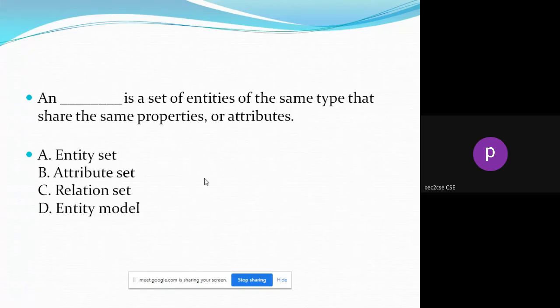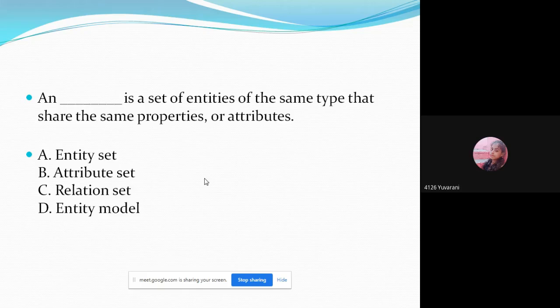And dash is a set of entities of the same type that share the same properties or attributes. What is the name of it? Set of entities of the same type. In that itself, the answer is there.